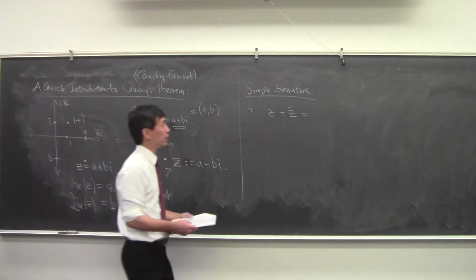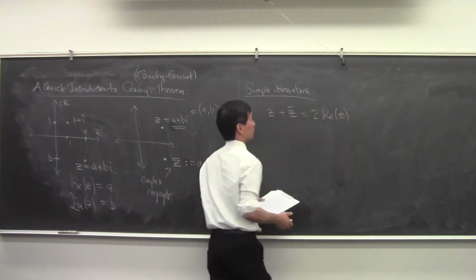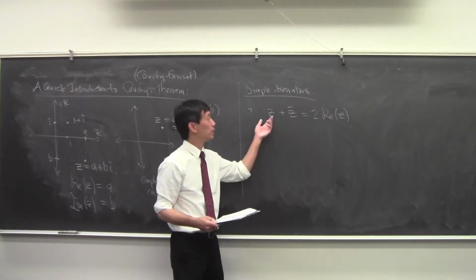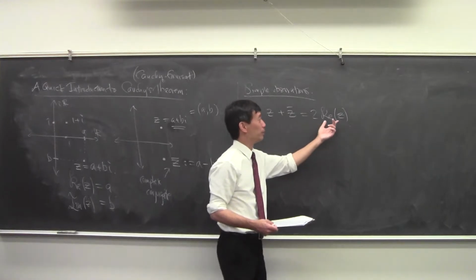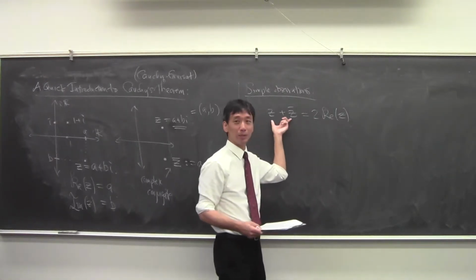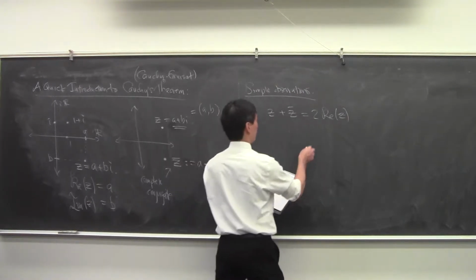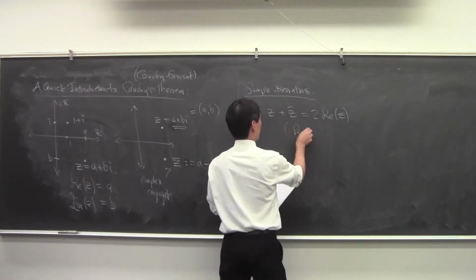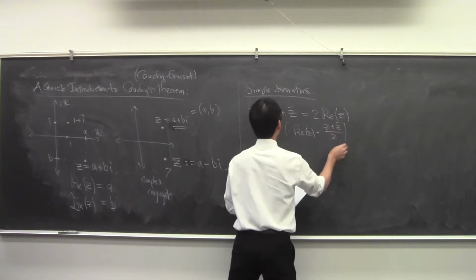So z plus its complex conjugate is twice the real part. Or you could say the real part of z is z plus its complex conjugate divided by 2.